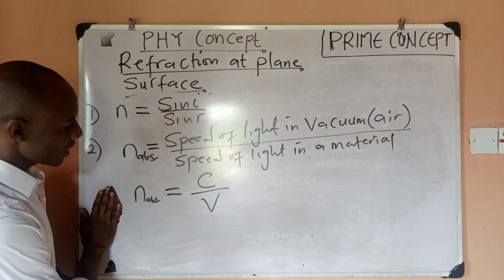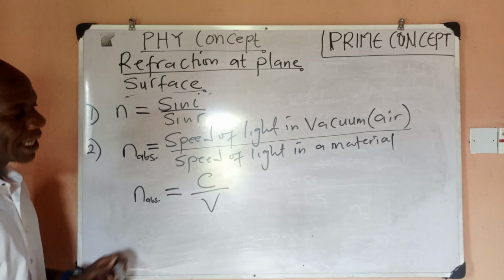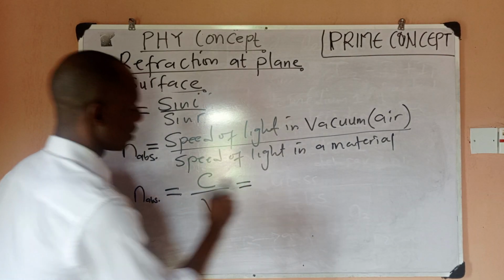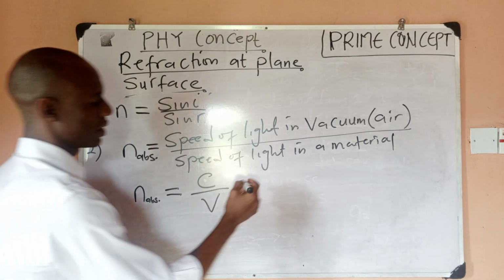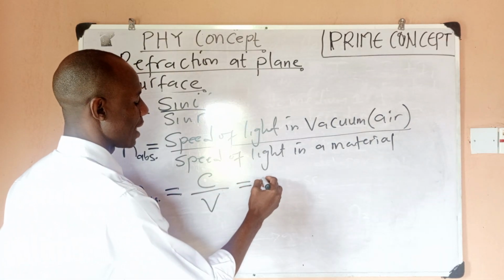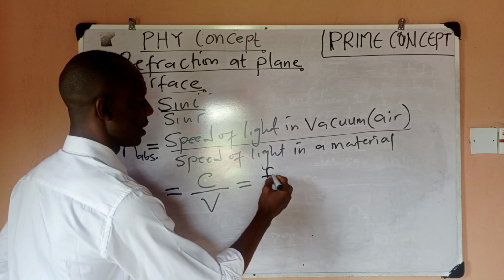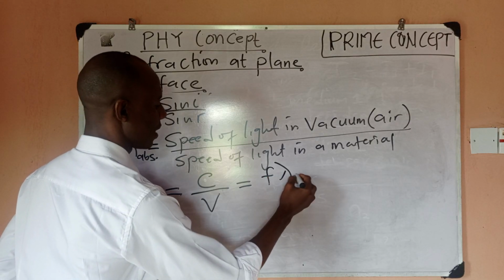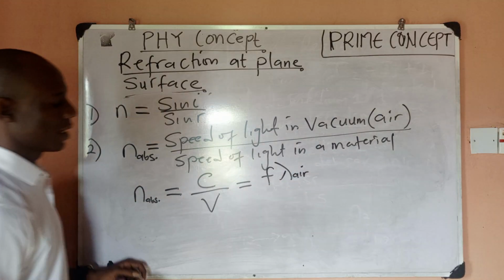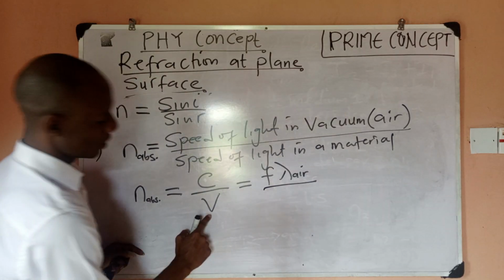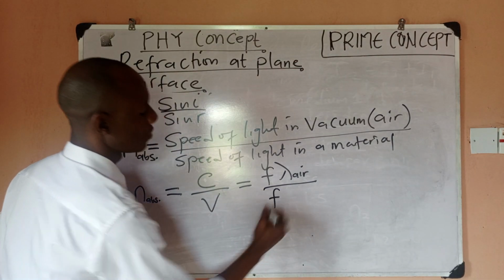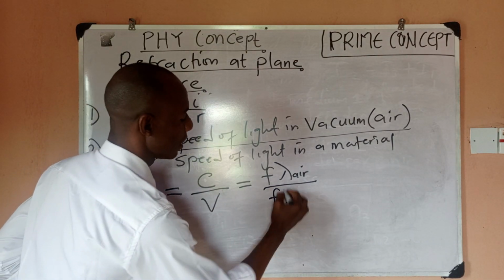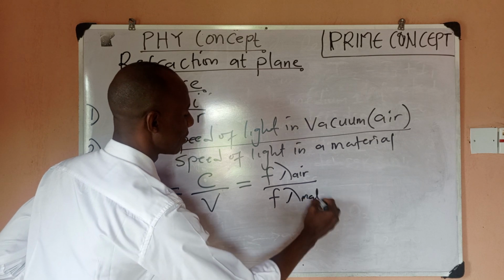So this is it. Now, if we consider that, you know that C, which is speed, is actually F lambda. So I would say lambda in air over lambda in the medium is, since the frequency is constant, F lambda in air over F lambda in material.